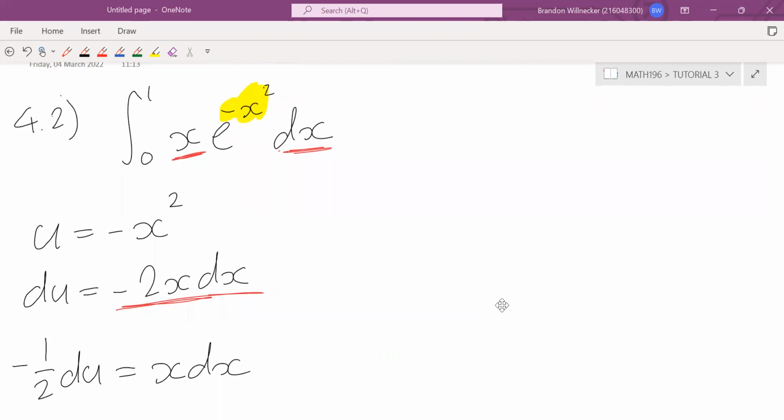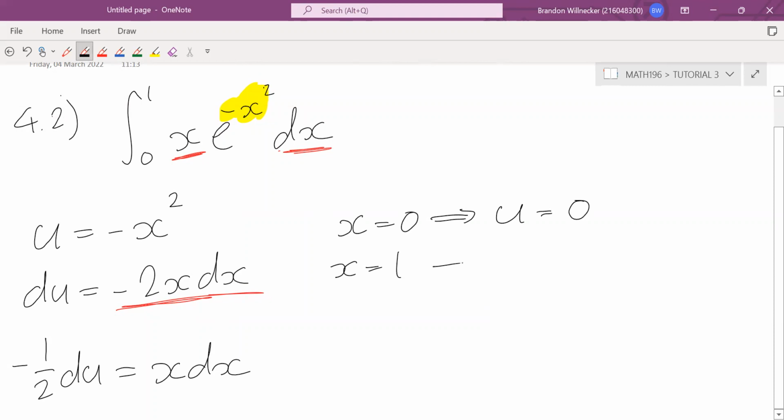Good, that's all the previous steps for indefinite integrals, but now we also need to change the bounds. If x is equal to 0, then u is also going to be 0. If x is equal to 1, then u is going to be minus 1, because we've got the minus x squared.